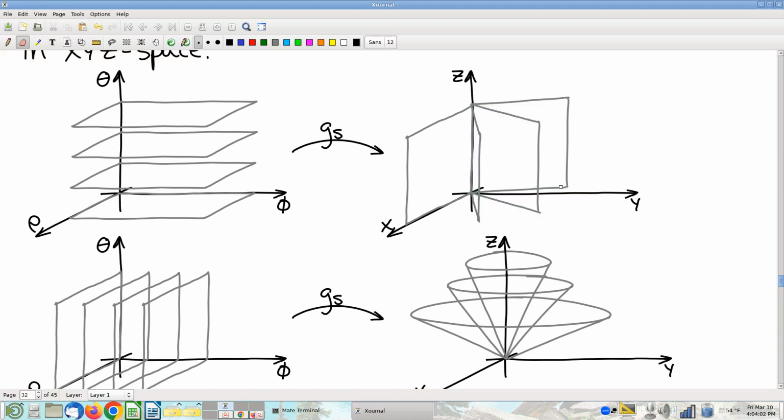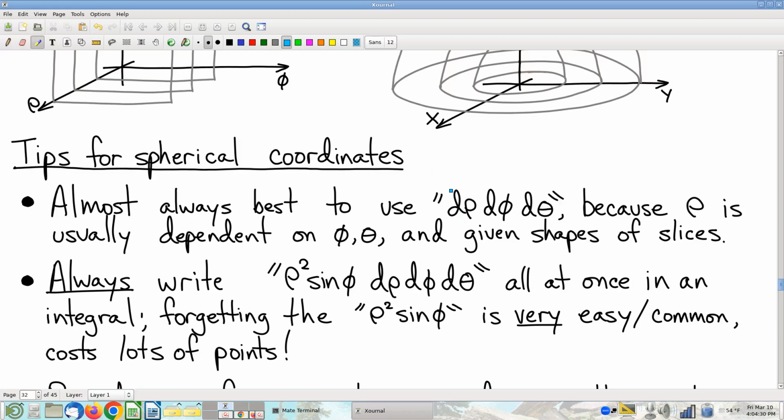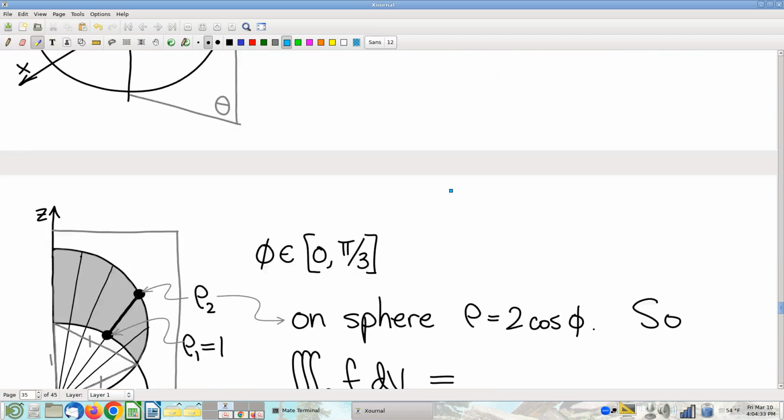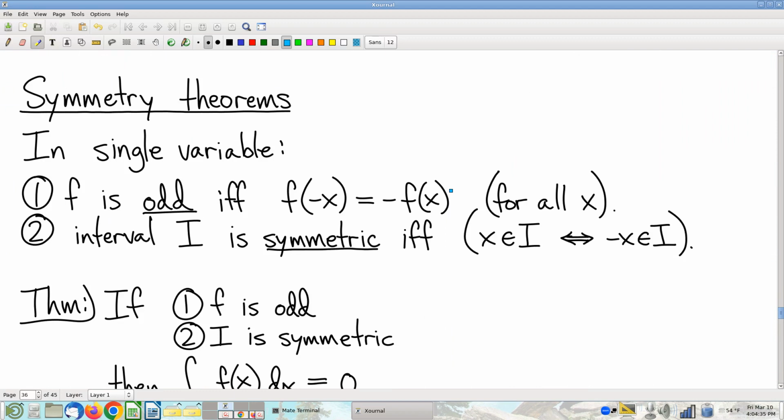We could also talk about theta equals negative pi over 2, in which case here's phi equals 0. There's a low value of phi. Here are increasing values of phi. And there's phi equals pi over 2. It just depends on which theta slice you're looking inside of. Yeah. All right. Okay, so we're going to move on now to symmetry theorems.